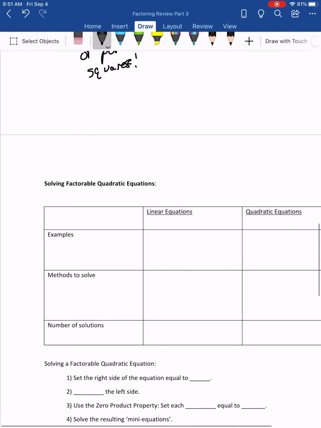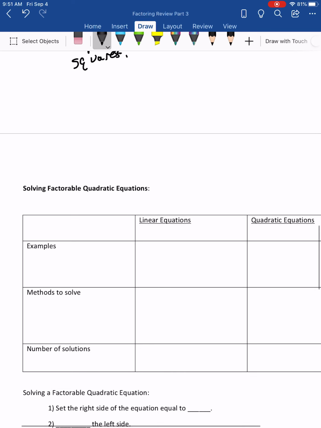So we've gone over several factoring techniques, GCF, factoring ax squared plus bx plus c, and then factoring differences of perfect squares. Now what we want to do is use factoring to start solving some quadratic equations.